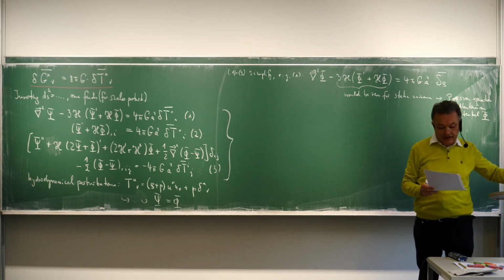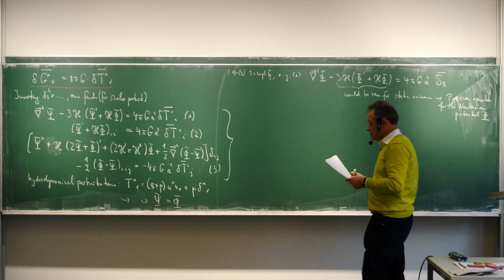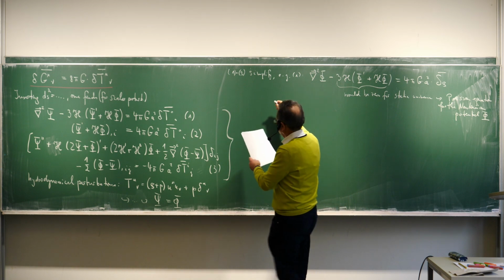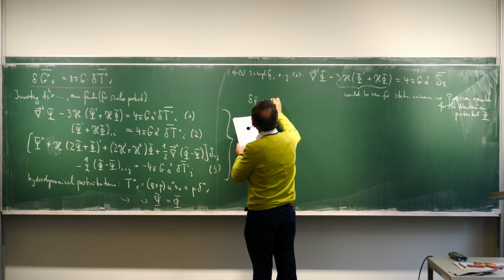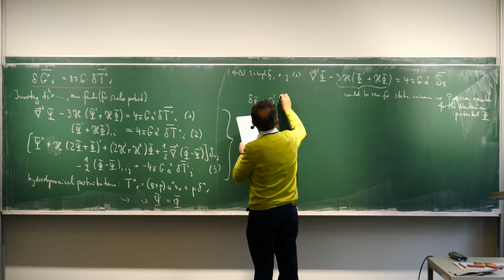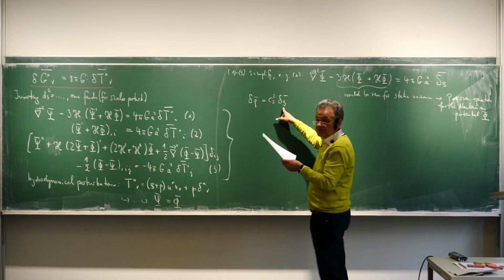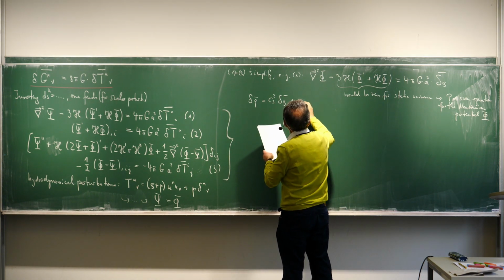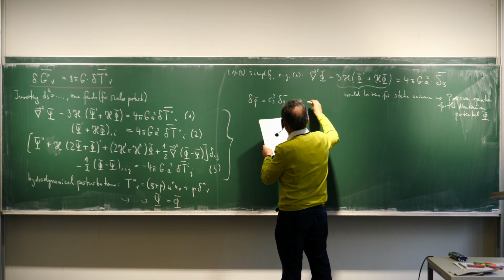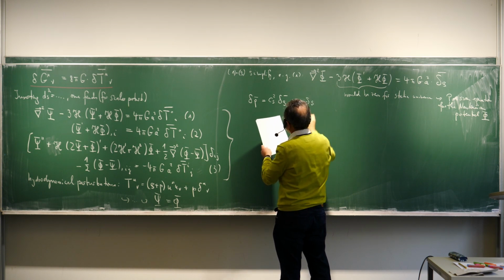Yeah. So again, we can define the speed of sound and the parameter sigma. If we have the gauge invariant pressure perturbation, we can define the c_s squared by relation to delta rho bar, and also we have this dependence on the entropy perturbations.